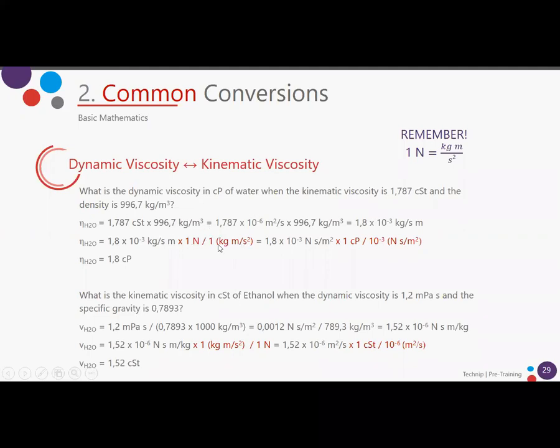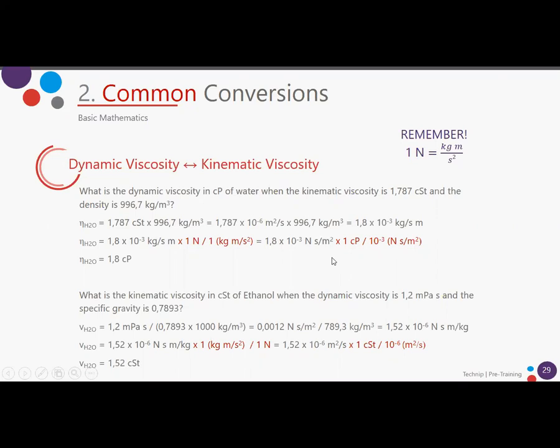So 1 Newton divided by 1 kilogram meter per square second is 1. And in this way, I can convert this unit to Newton seconds per square meter. So I will have 1.8 multiplied by 10 to the power of minus 3 Newton seconds per square meter.